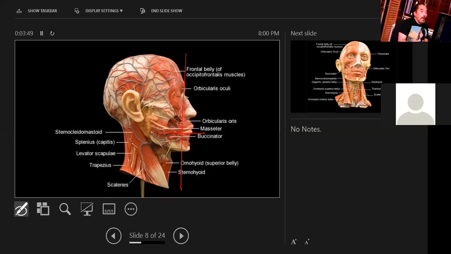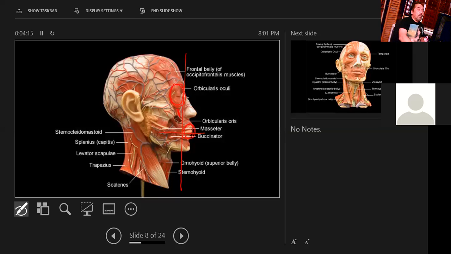So I'm looking at this model. We're going to be looking at the facial muscles: orbicularis oculi, orbicularis oris. Then the muscle that I see here at 1 o'clock is the muscle underneath the lower eyelid of that person.